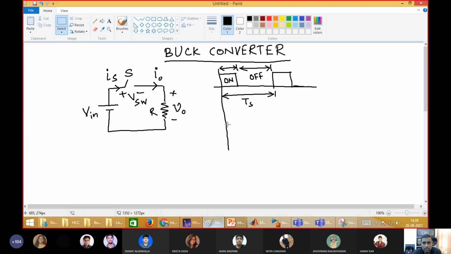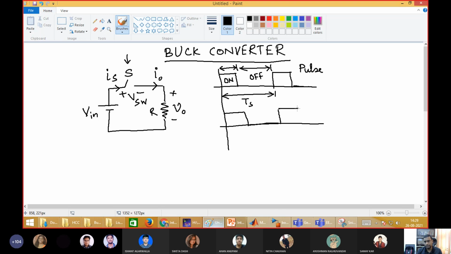Now, this is on and off. This is the switching pulse given to this switch. When the switch is on, the output voltage will be V in; when it is off, 0.